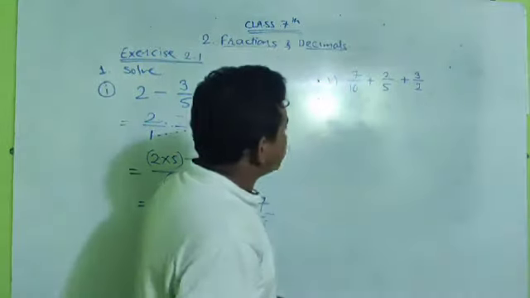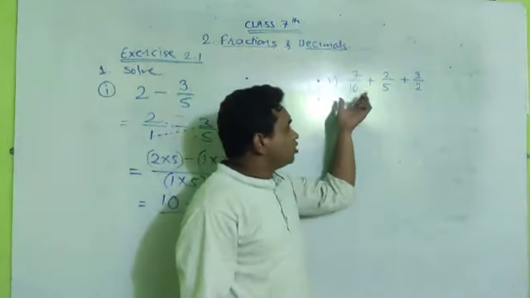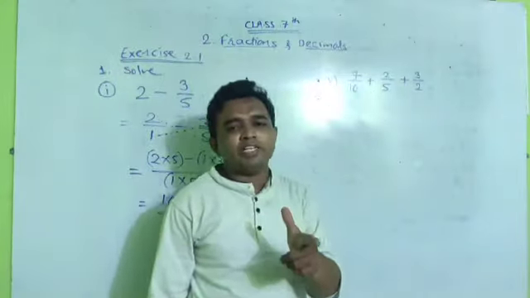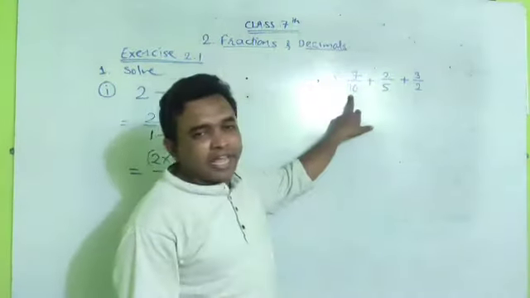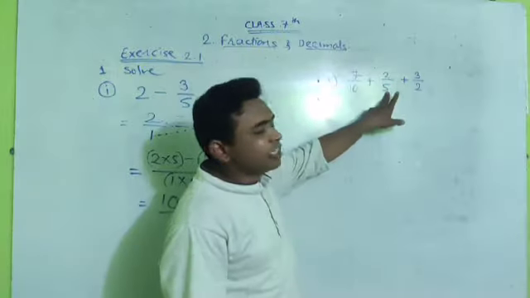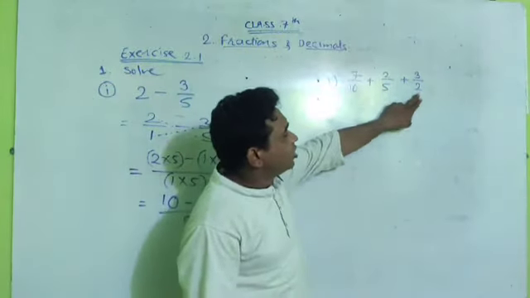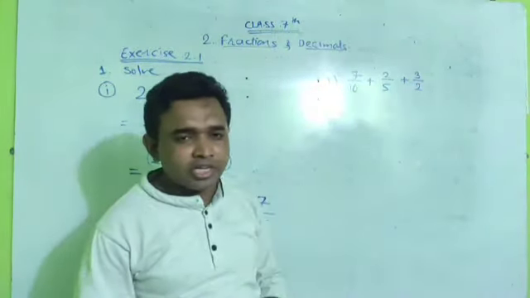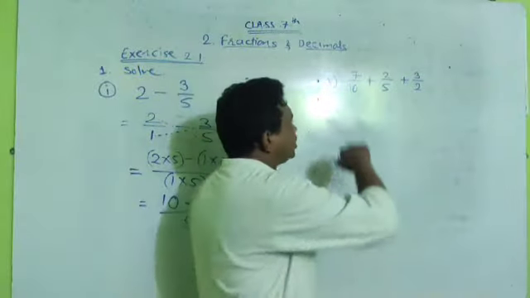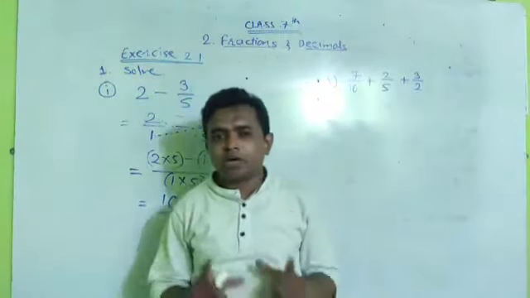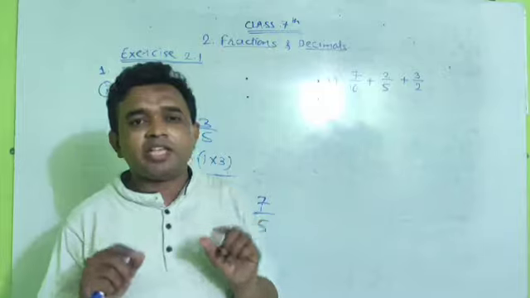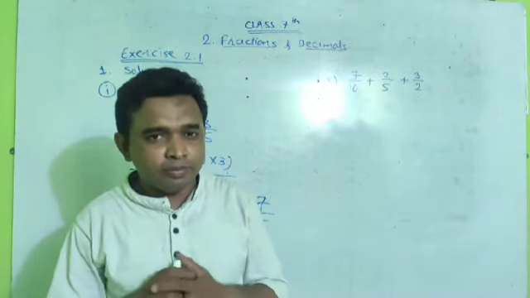Okay students, so here firstly concentrate on the denominator values. The first denominator is 10, the second denominator is 5 and the third denominator is 2. Before doing this addition operation, we have to firstly make the denominators equal if possible.